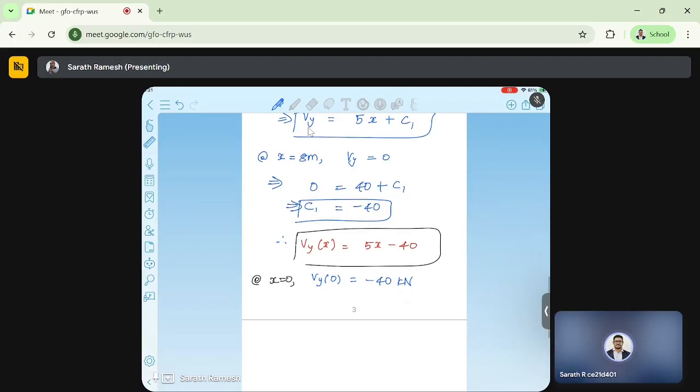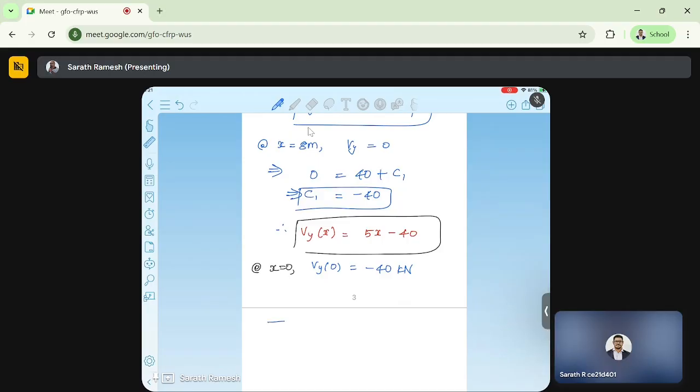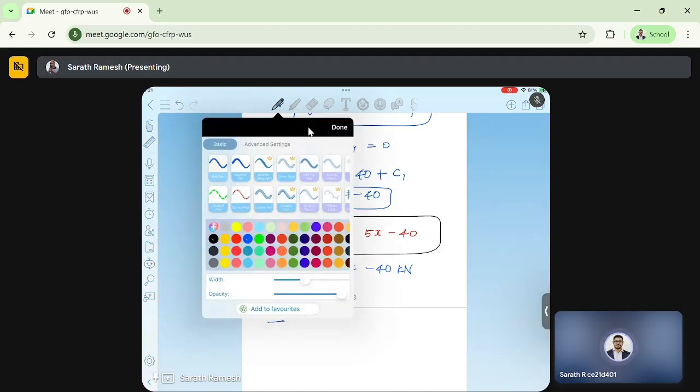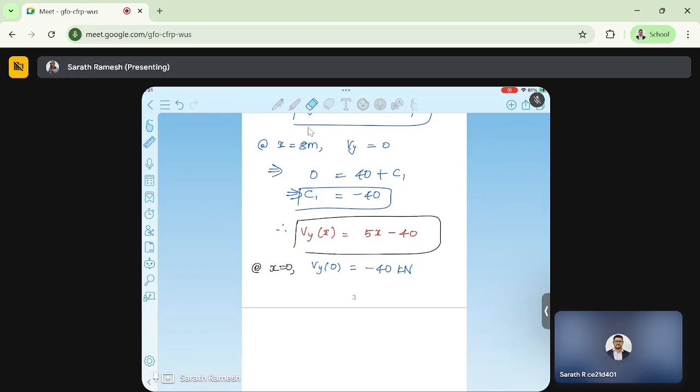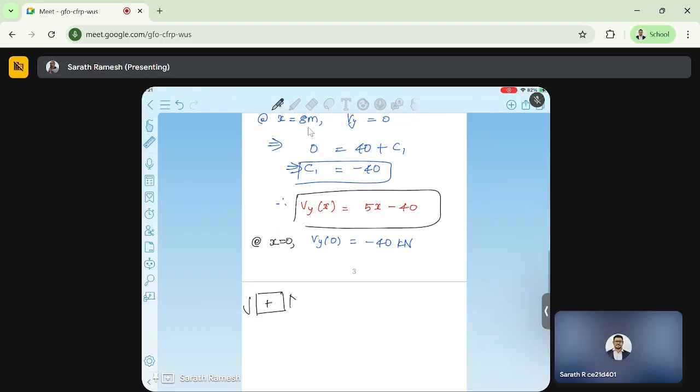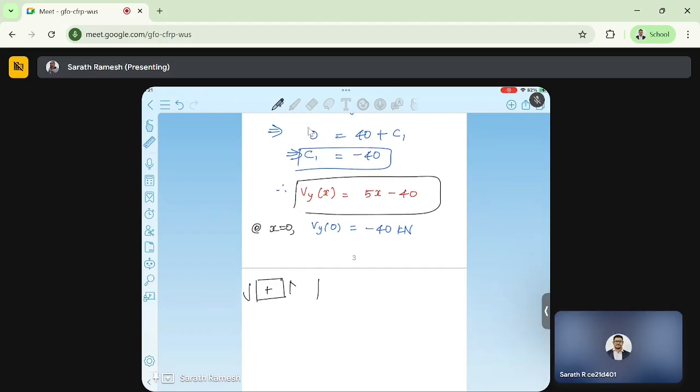As per our sign convention, this is positive shear force: right side upward and left side downward is considered positive shear force, and the opposite of it is negative shear force. Now we got negative shear force, which means left side upward and right side downward.